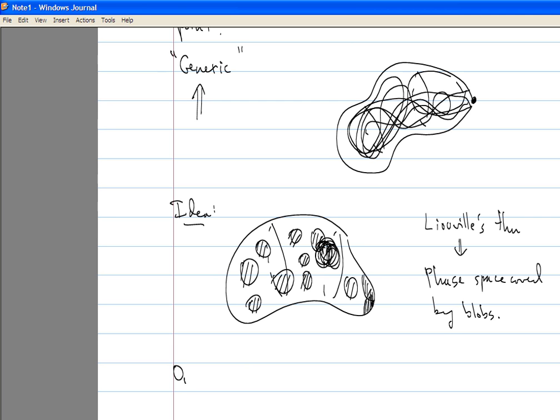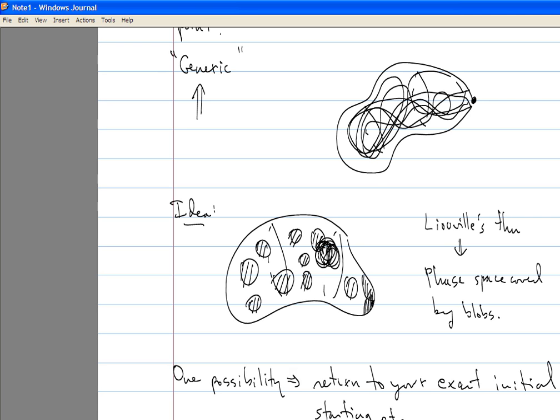So one possibility is that you return to your exact initial starting point. So in that case, the motion is genuinely periodic.